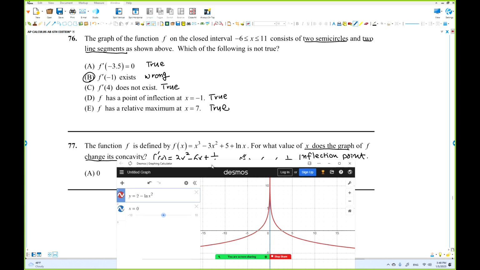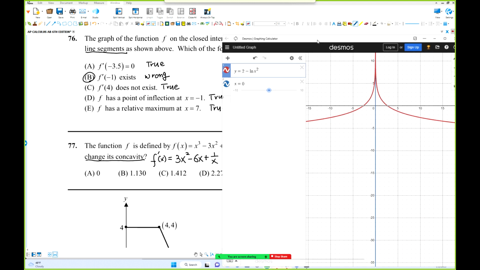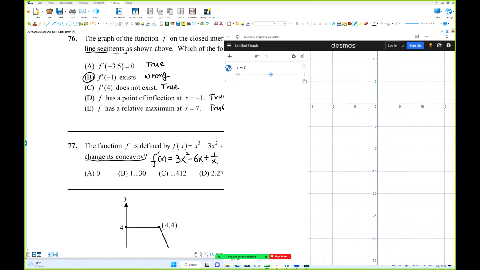It's okay. I'm going to show you every question over here, okay? First, I'm going to use the first derivative to find the inflection point. So y equals 3x squared minus 6x plus 1 over x.